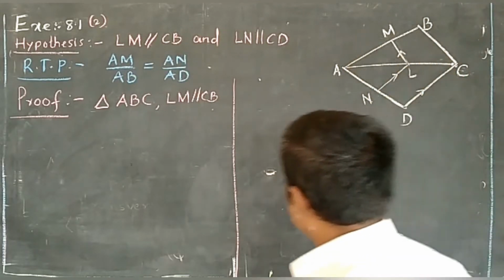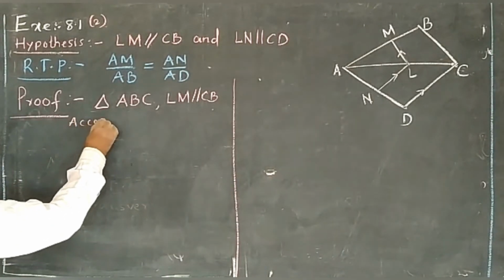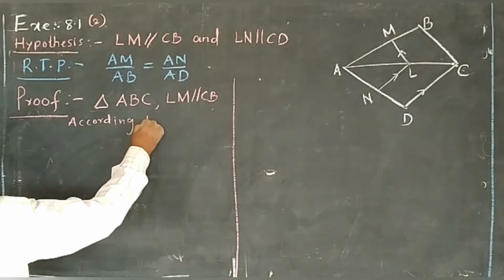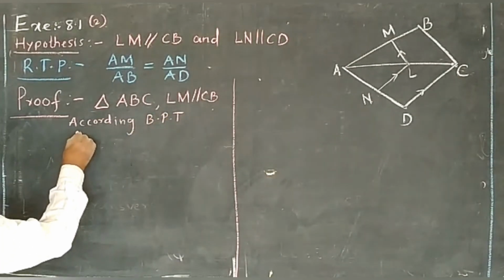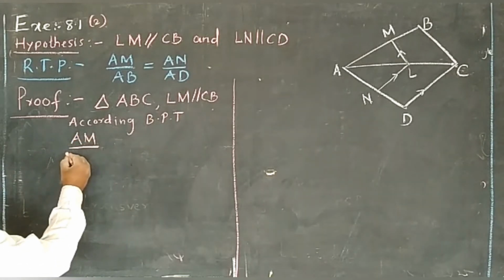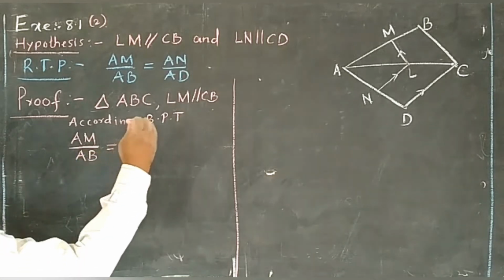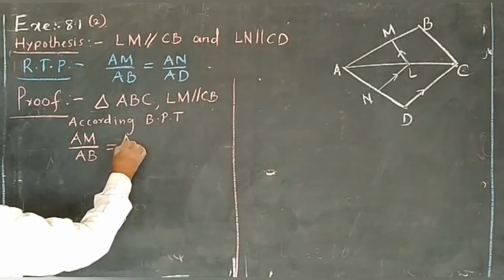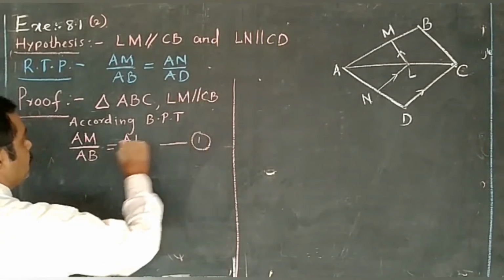According to the basic proportionality theorem, AM by AB is equal to AL by AC. This is the first equation.